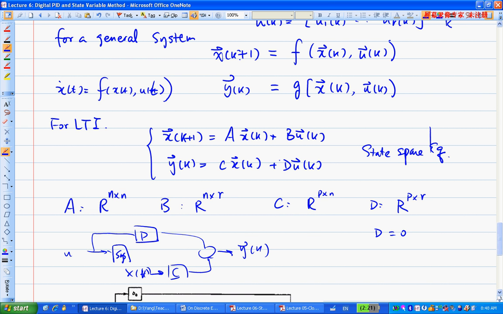But if the order of the numerator is less than the order of the denominator, that's a so-called proper system. For a non-proper system, you will have this D here. Just hold on to that thought.